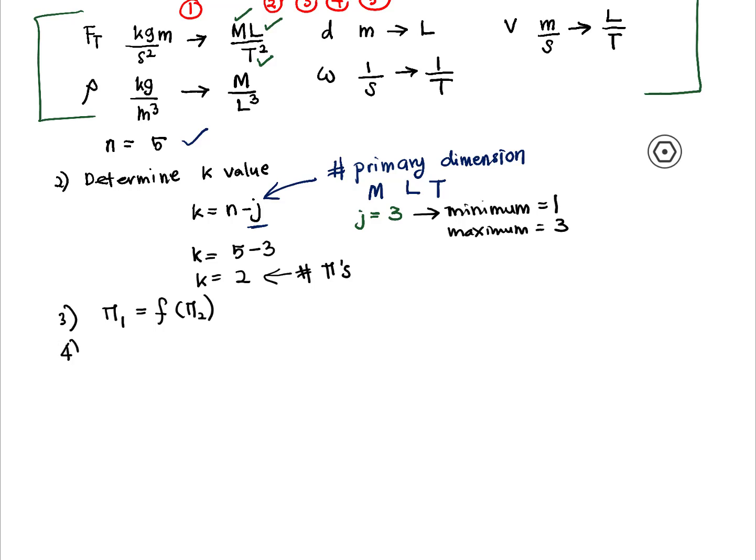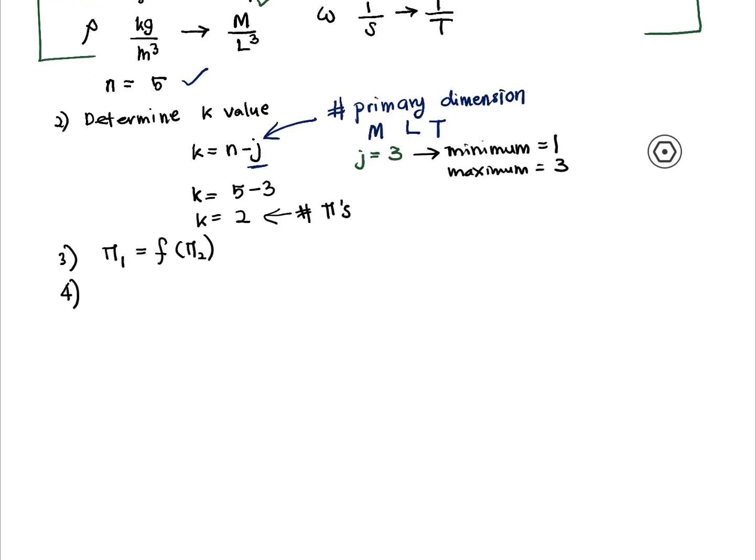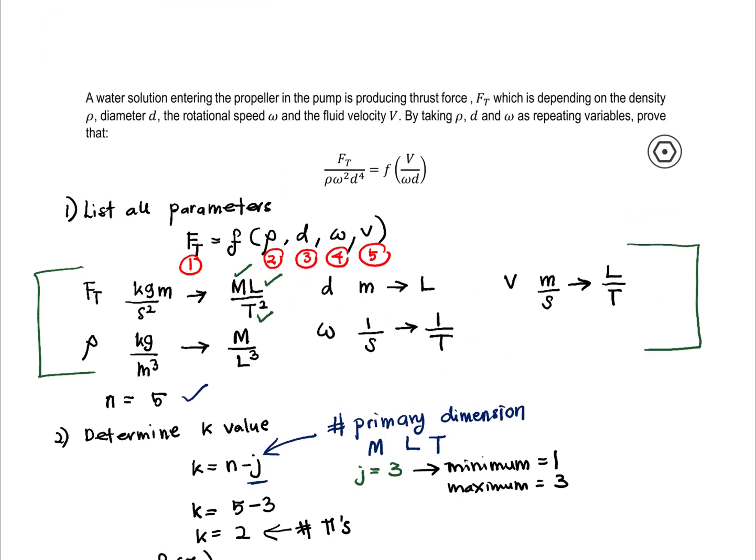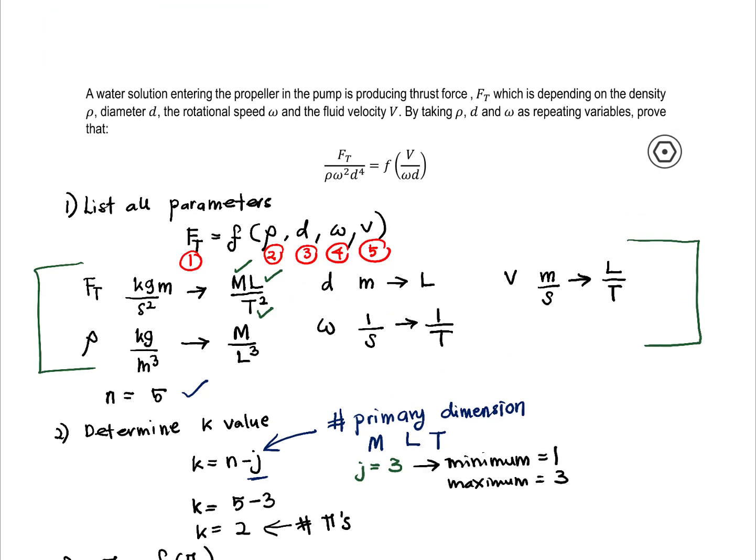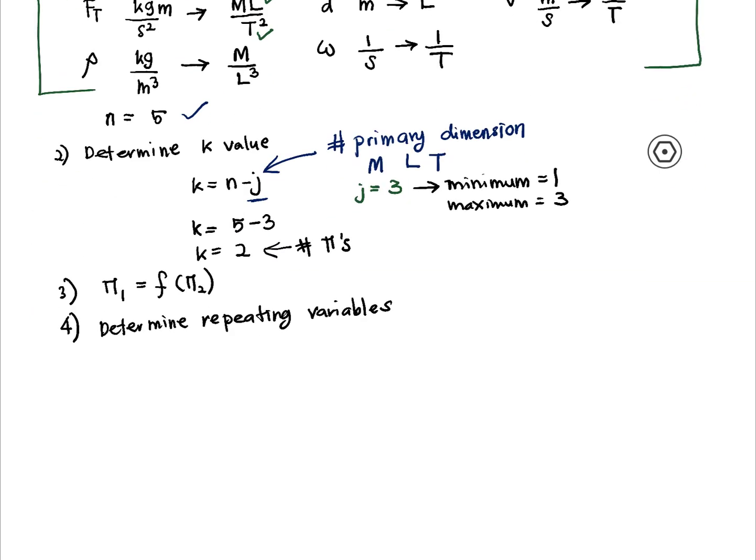Fourth, we have to determine the repeating variables. In this case, we have already been given the repeating variables rho, d, and omega.